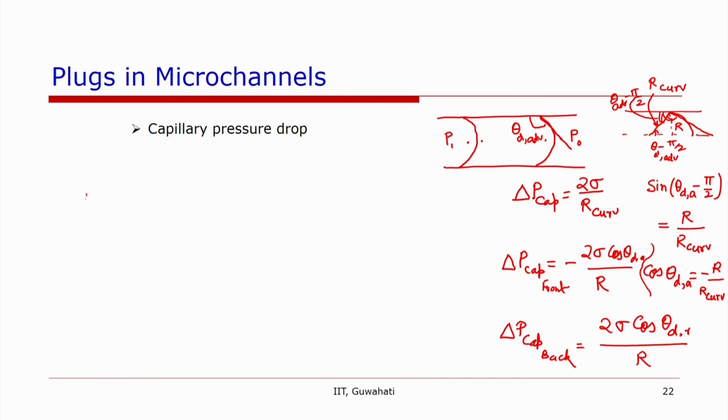So we can have the total pressure drop delta p cap because of the capillary force as the sum of the two. So we will have 2 sigma over r cos theta dynamic contact angle receding minus cos theta dynamic contact angle, which is for advancing.